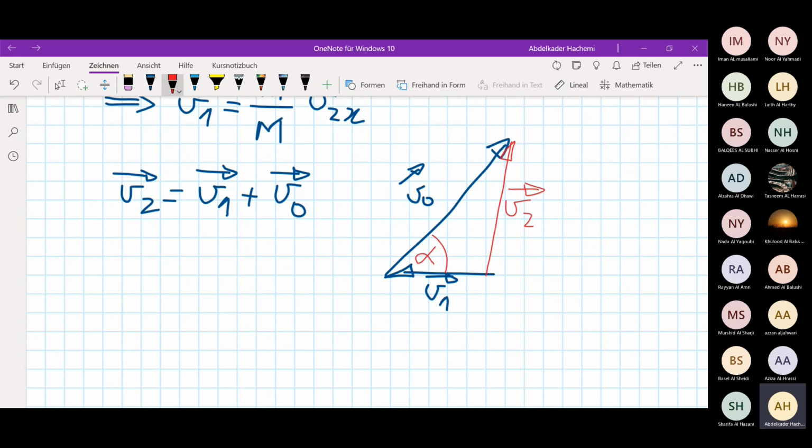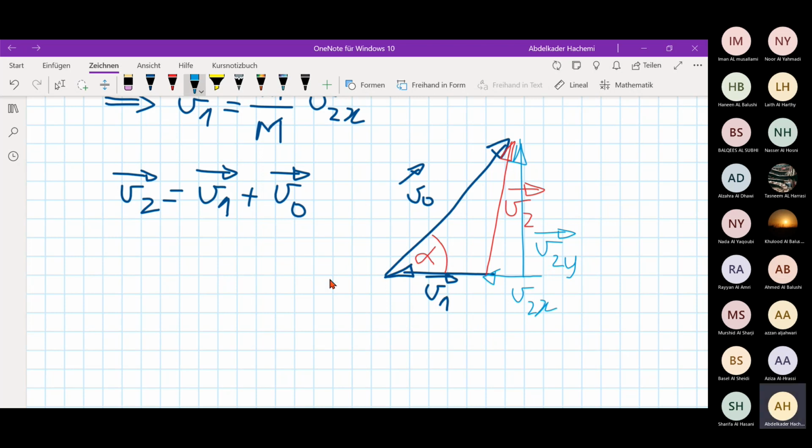Now if we take V2, V2 will have a component in x direction as well as in y direction: V2x and V2y.